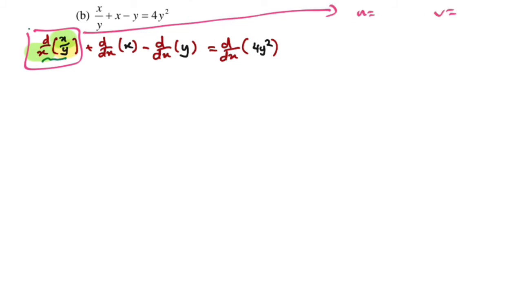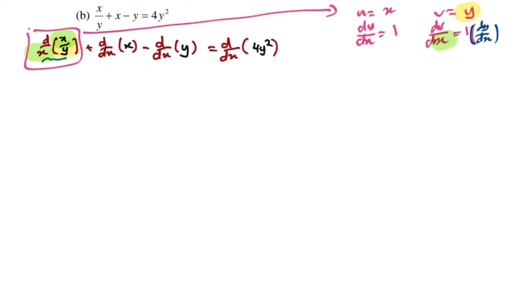Your u will be the numerator, your v is just the denominator. Differentiate u with respect to x is 1. Differentiate v with respect to x, what you get is, differentiate y as usual, you get 1. And then since this is not in the same term, we have to write dy over dx behind it.